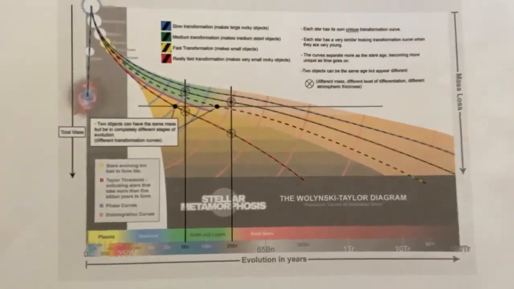All right, for this paper, stellar metamorphosis transformation curves on a Wolinsky-Taylor diagram. Another pretty picture here. A lot of information can be gathered from this.